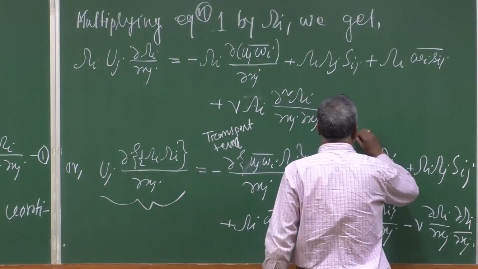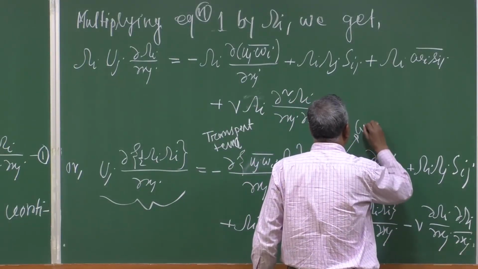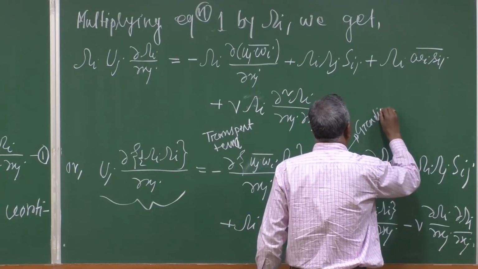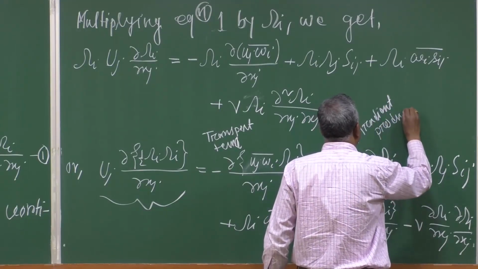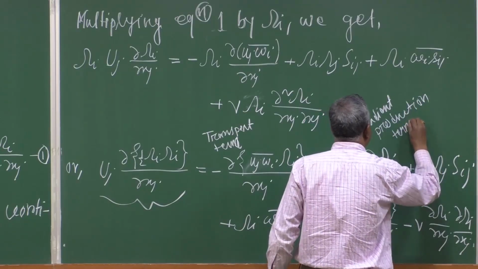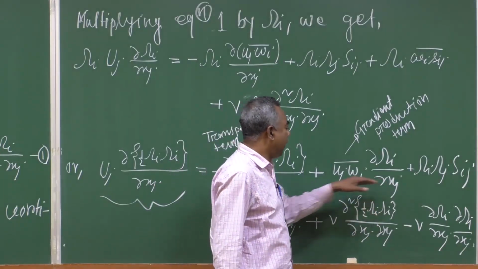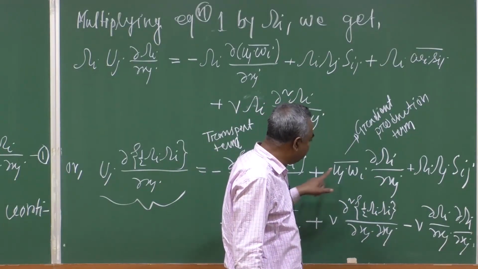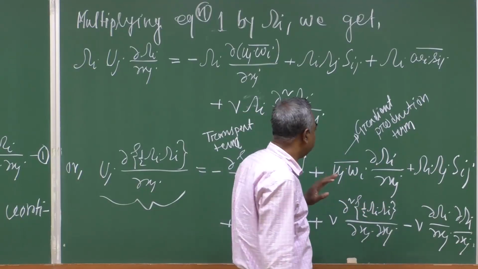This particular term can be called the gradient production term, in anticipation of the same term with a negative sign in the fluctuating enstrophy equation.